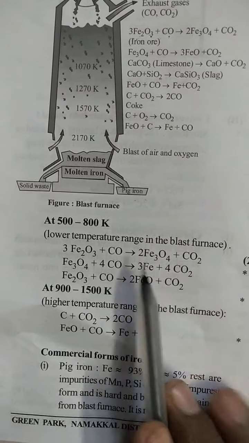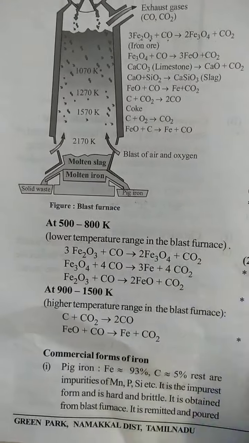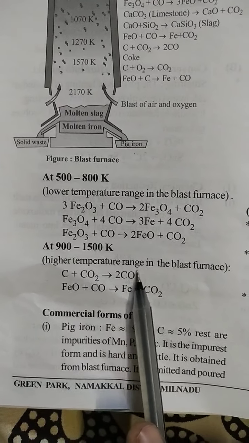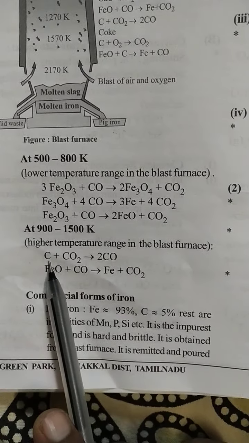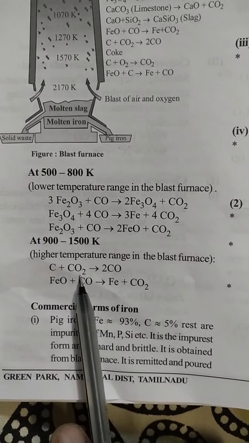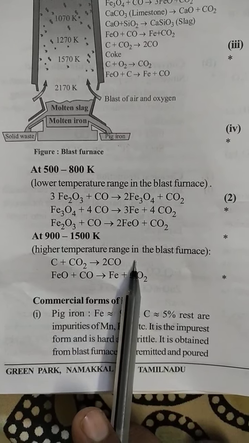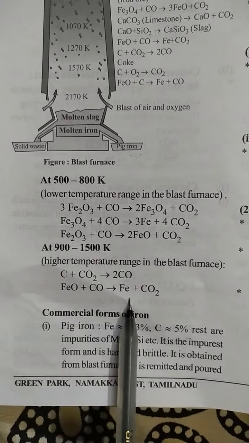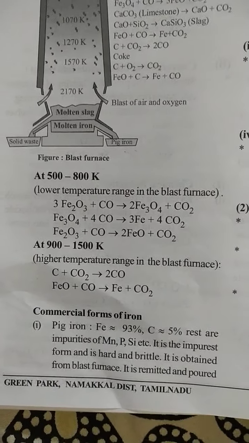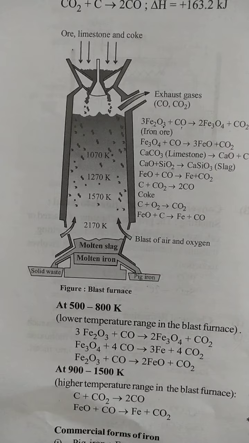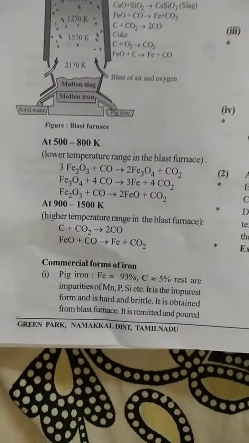These are completed in this temperature range. And at 900 to 1500 kelvins, the high temperature range, carbon reacts with carbon dioxide and carbon monoxide is formed, and this carbon monoxide directly treats FeO, and pure Fe is formed. So this is the extraction of iron from hematite ore in the blast furnace.